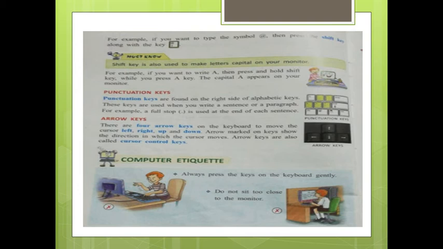Shift key is also used to make letter capital on your monitor. I told you just now. And there are other things, like at the rate of, hash, dollar, percentage. Also just press the shift key and put the symbol, star and bracket.